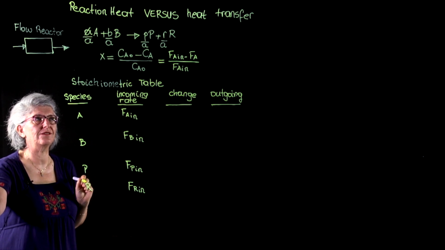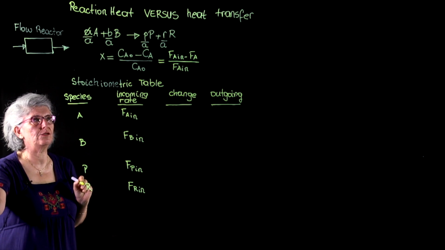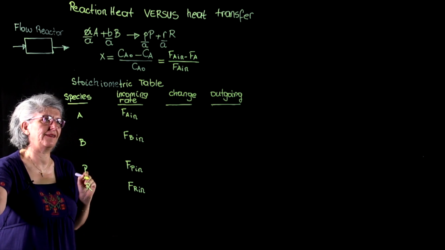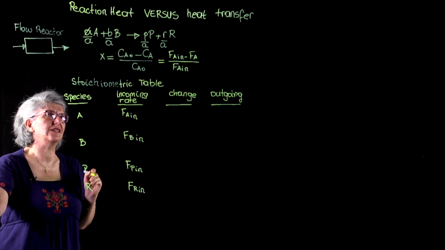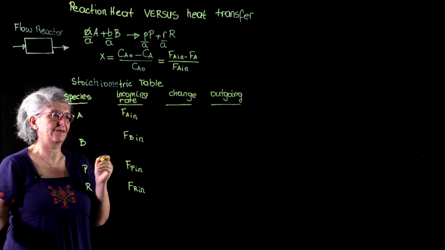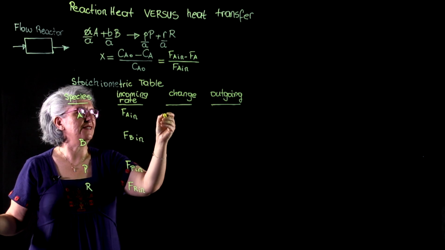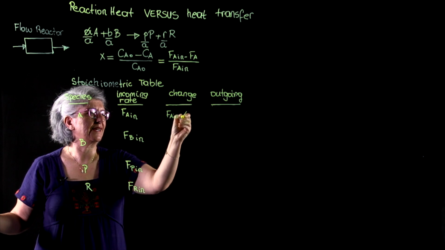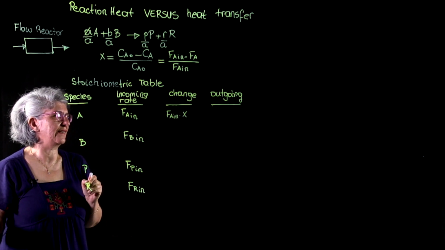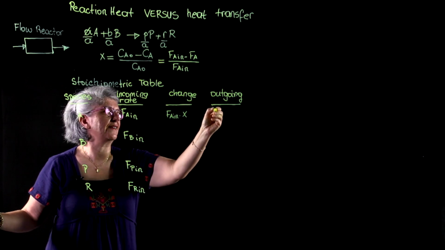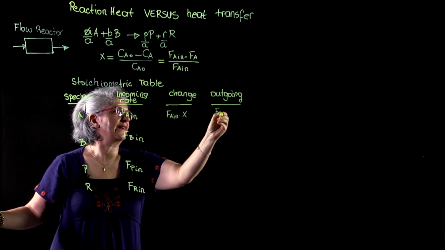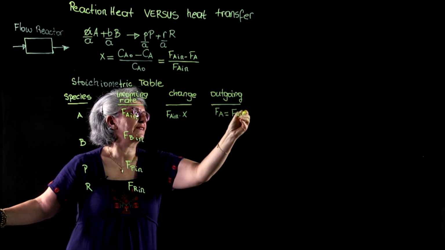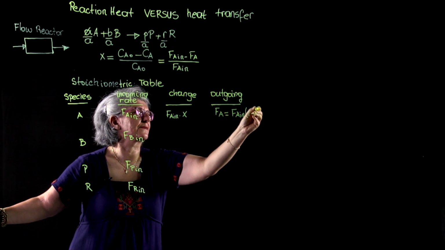For flow reactors, we define conversion in terms of molar flow rates, FA in and FA. So the change that we have for species A is going to be FA in times X. And at the outlet, we have FA, and FA is equal to FA in times 1 minus X.